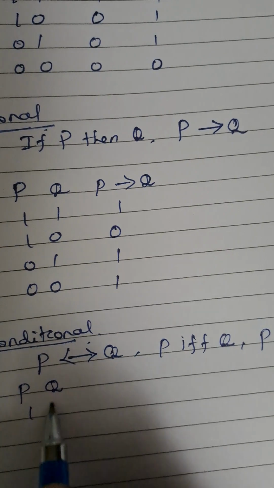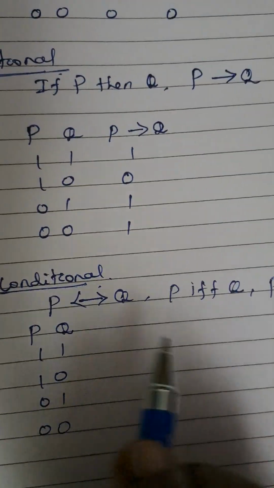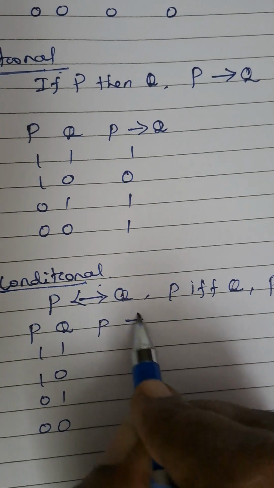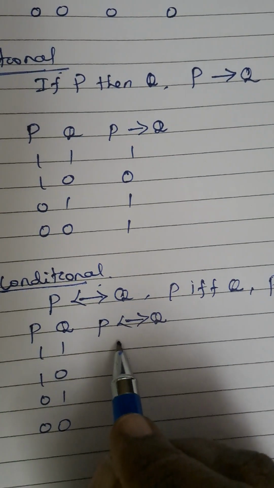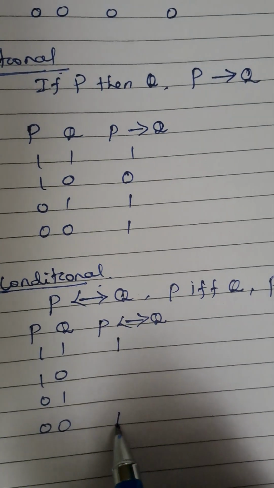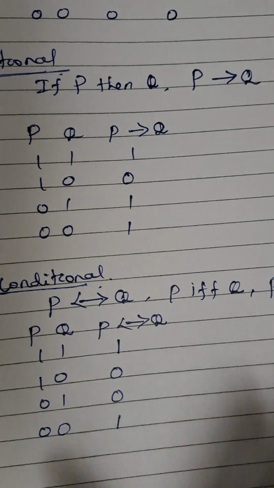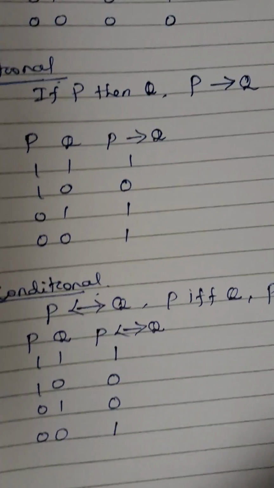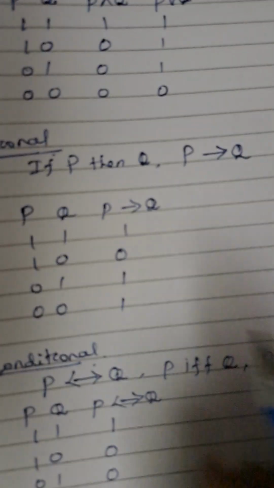P Q: 1 1, 1 0, 0 1, 0 0. For P double implies Q: 1 1 is 1, 0 0 is 1, 1 0 is 0, 0 1 is 0. Okay, so I can give some examples for this.